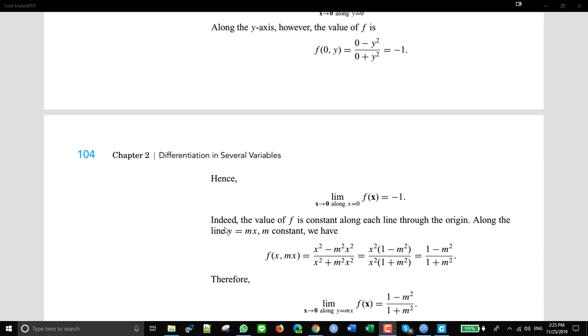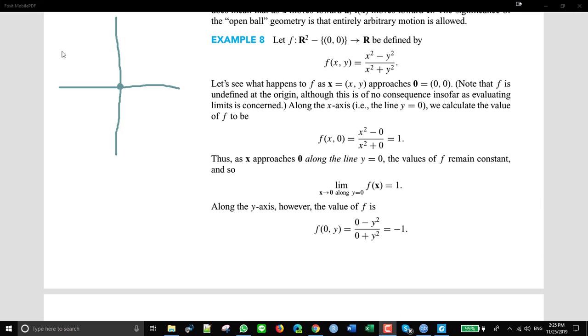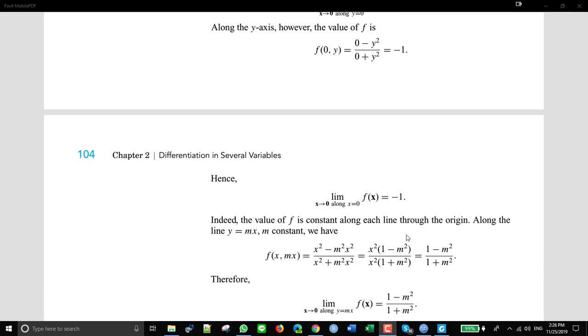So indeed, the value of f is constant along each line through the origin. We saw that through this line to the origin, it was constant and equal to 1. We saw this line, it was constant and equal to negative 1. Now she's saying that through any line to the origin, it's going to be constant. They're not all going to be the same, as we saw these two weren't the same.